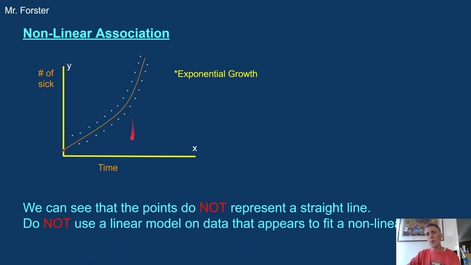Of course, you wouldn't want to put a linear model on something that's nonlinear. This idea of exponential growth for illnesses is why we have to be very careful with the spread of diseases, because it may look like it's growing very slowly, but then it starts to take off. Just know that it exists, and you don't have to worry about modeling it now. You'll learn that in high school.